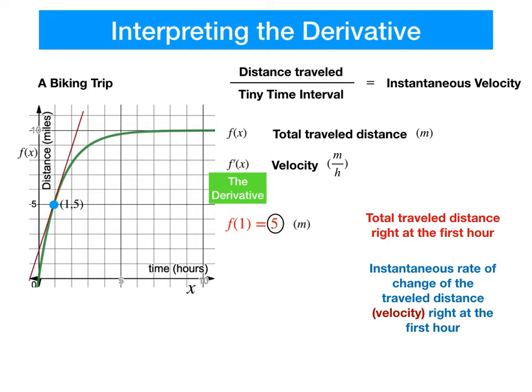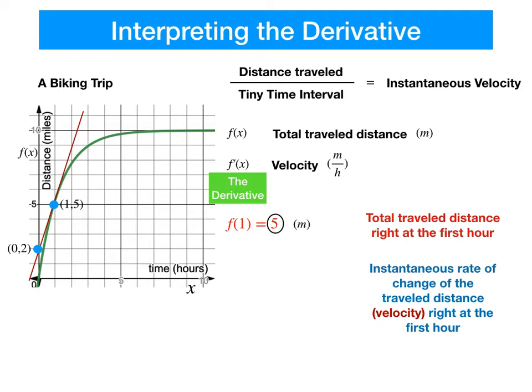In order to find the answer, we know that we want to construct a tangent line to this point (1, 5), and I need to find the slope of the tangent line. So I have to find another point on the line, which is (0, 2).